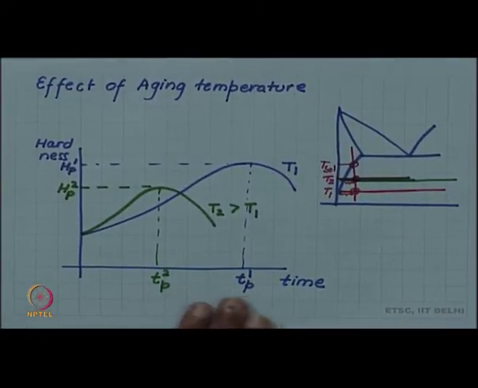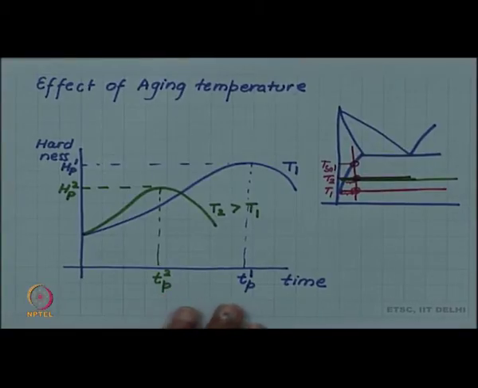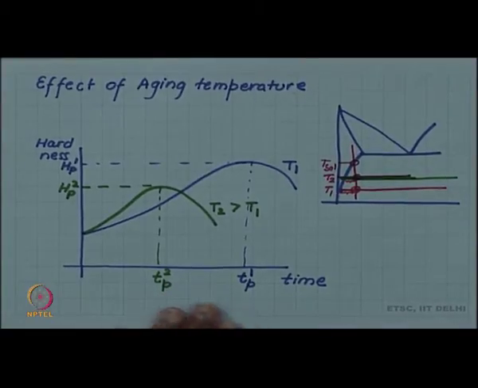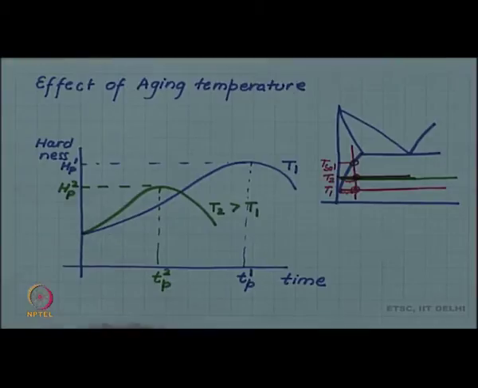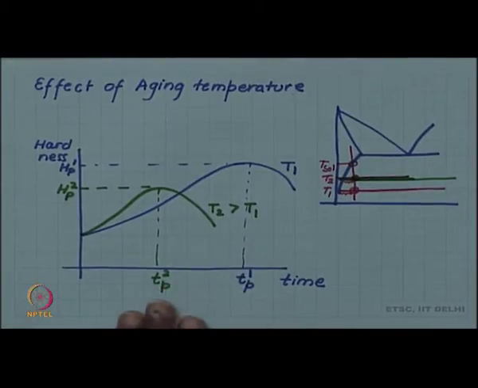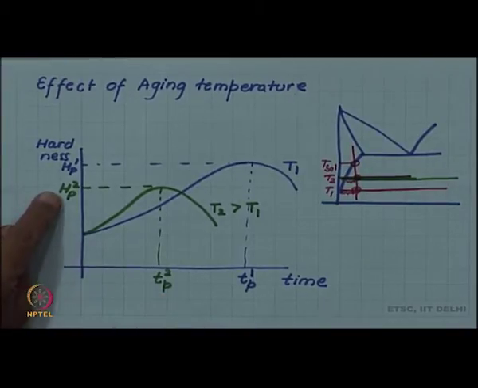So, you can see that in designing the precipitation hardening sequence, you have to take care of both these variables. If you go to too high a temperature, you will get a hardness in a very quick time, but then the hardness value will be lower.